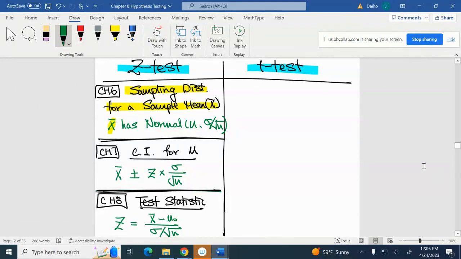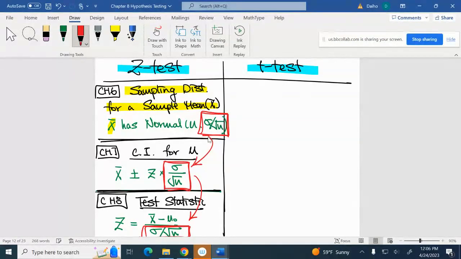Good, right? So here was sigma over square root of n, the normal distribution. Who was the Z?